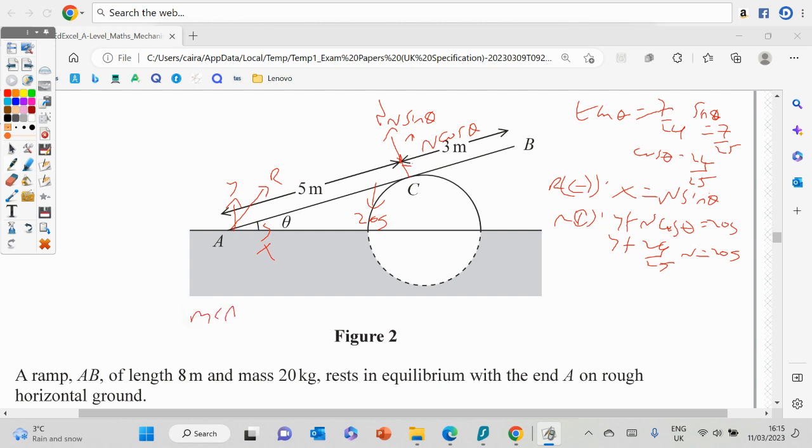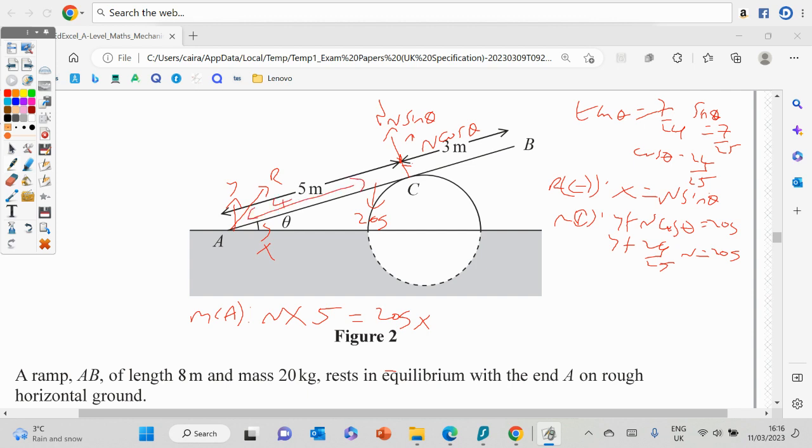Then I take moments about A. So I've got this N force times the perpendicular distance, which is 5 meters, equals the anti-clockwise moment, so the 20g multiplied by the perpendicular distance. Well, we know the whole thing is 8 and uniform, so the weight will act 4 meters up.